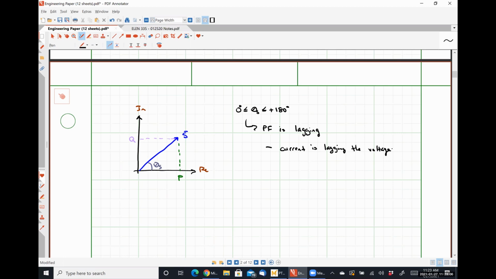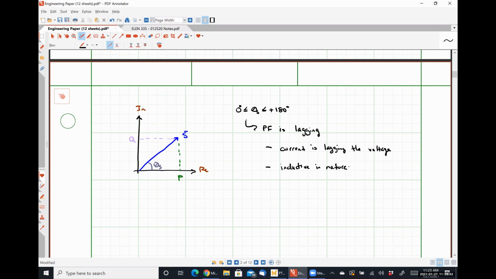Well, anytime that the current is lagging the voltage, this implies that our load is inductive in nature, okay? When the angle is specifically 90 degrees, our load is purely inductive, but at all other points when our angle is positive value, we have some resistance connected to some inductive quantity as well.